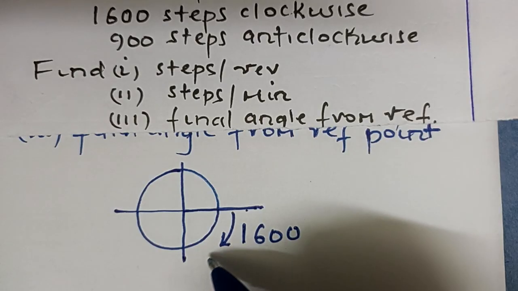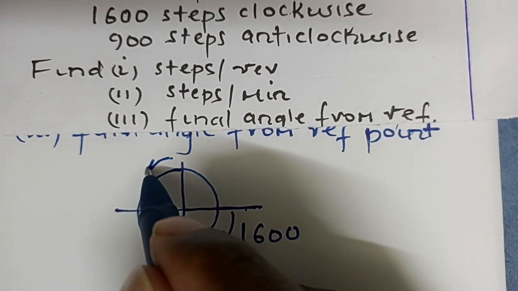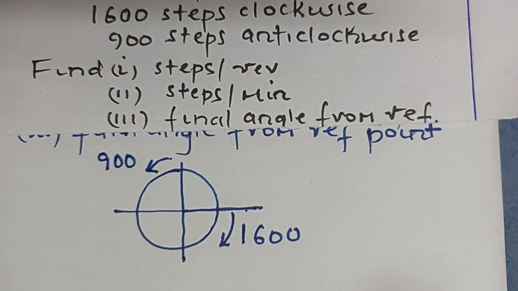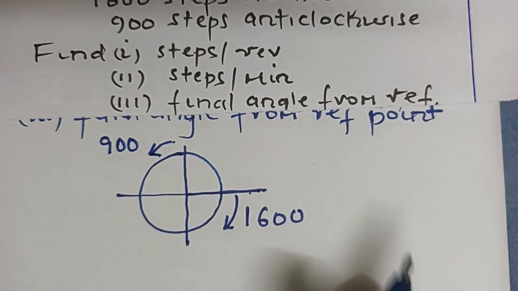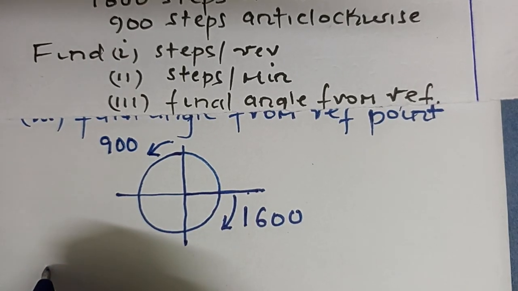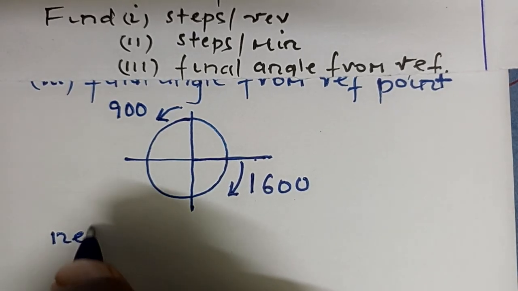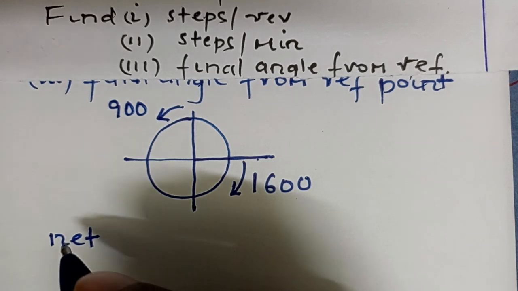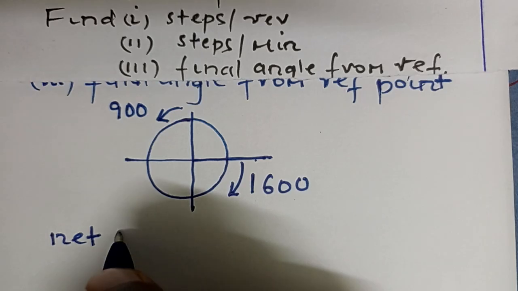After we have gone that way, we'll go back again 900 steps. And so for us to get the final, we'll say net angle.